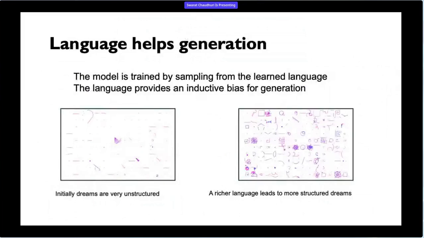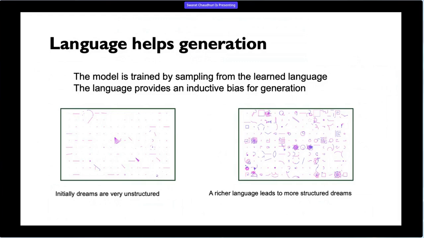And one of the things that is interesting is that if you look at the dreaming phase, this is the phase where you're generating random programs and learning from them. In the beginning, those programs look quite like garbage. They're not particularly interesting.